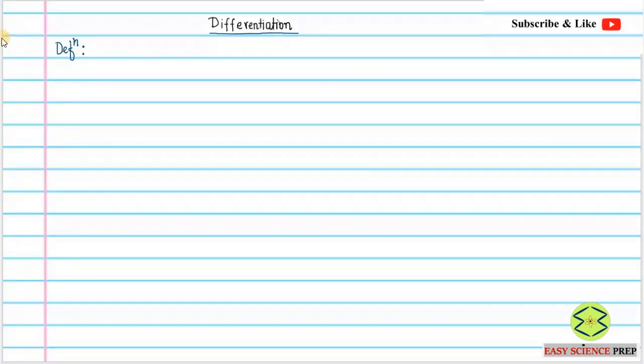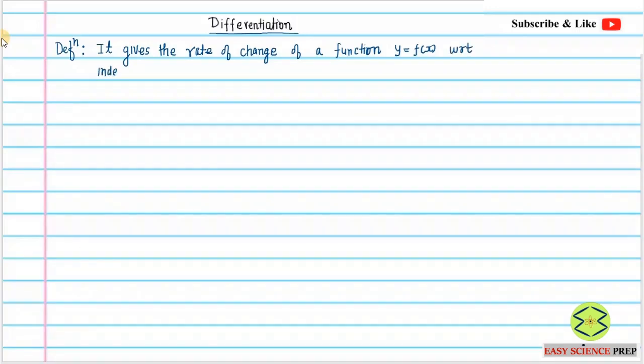So basically the differentiation gives you the rate of change of a function, the rate of change of a function y equals f of x with respect to independent variable x.